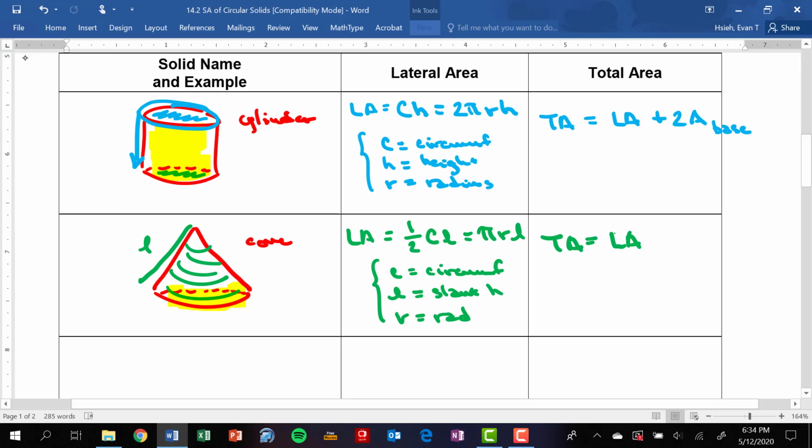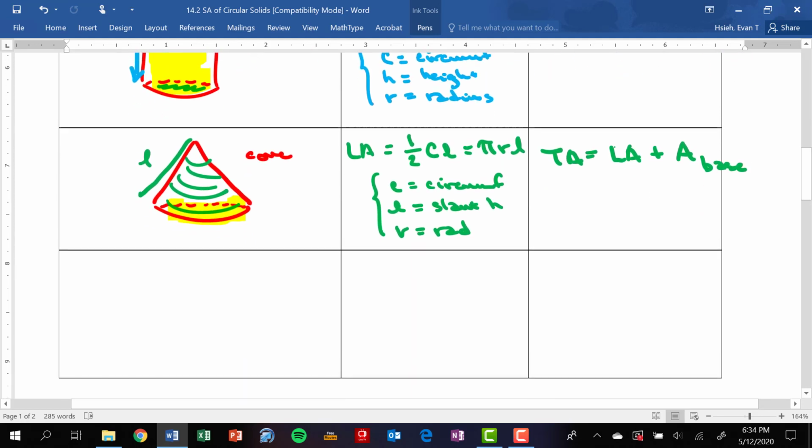But if we're doing the total surface area, I'm going to have to include, and you have to think about how many bases there are, in this case, there's just one, the area of the base. And of course, in this case, it's a circular base, so it's just pi r squared.